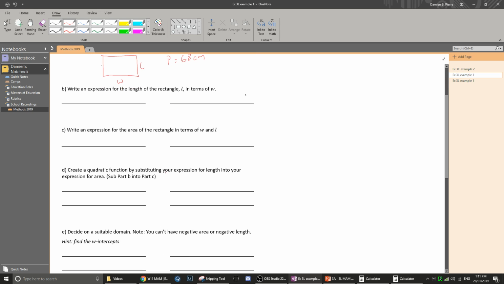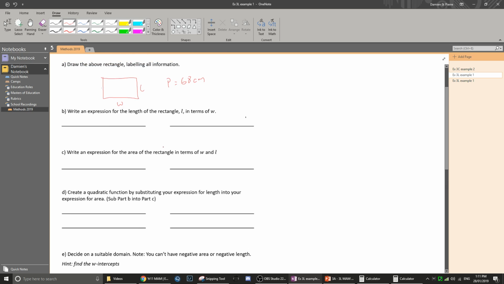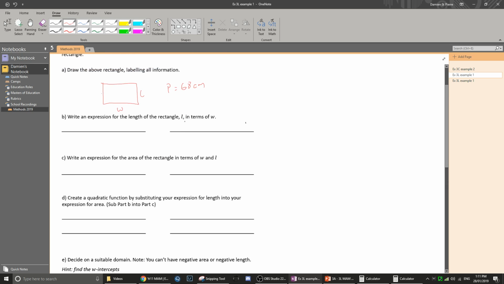Write an expression for the length of the rectangle L in terms of W. So we need L equals something something W. Because it's length, we're going to invoke our perimeter. Perimeter is equal to 2 times the width plus 2 times the length.